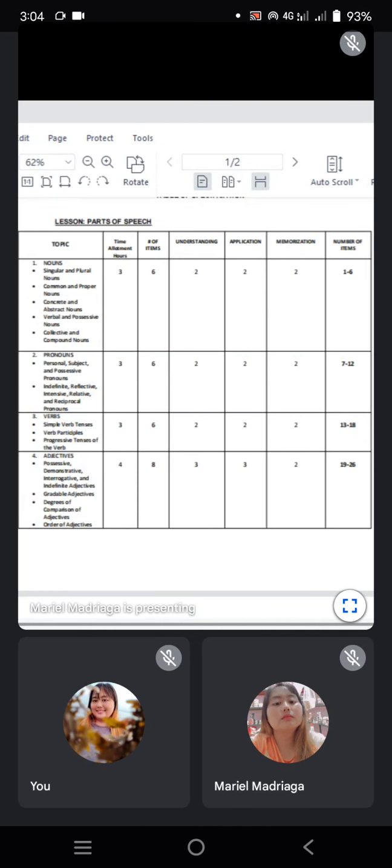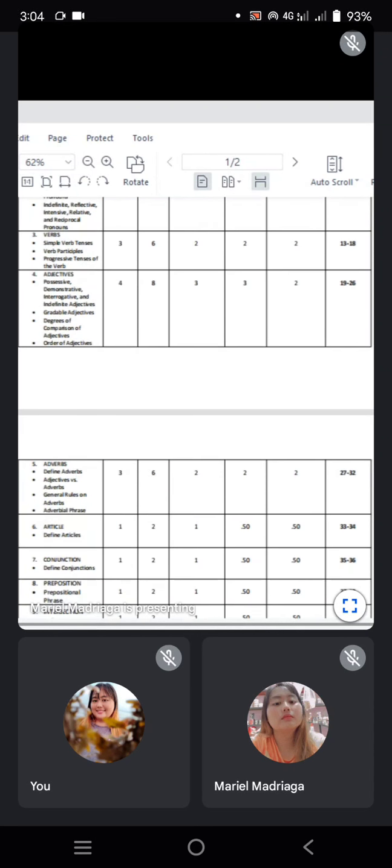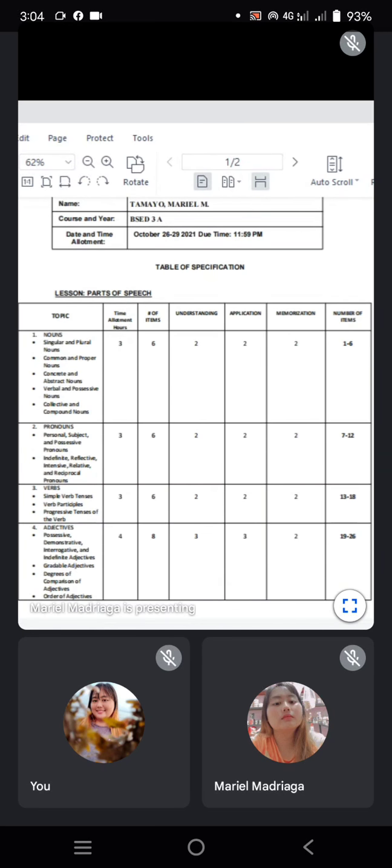So after I divided it, I multiplied it to the items that Mr. Tan has given, which is the 40 items test. So let's try to solve it. Here, the first, 3 as the time allotment hours for nouns divided by 20, the total amount of time allotment hours, equals 0.2, multiplied by 40 items, and it equals 6.